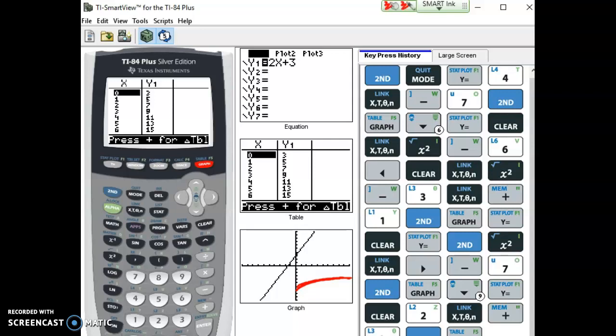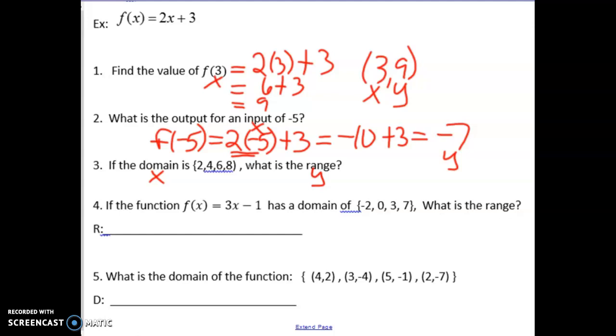So we want the 7, the 11, 15, and I didn't get the 8 because I didn't go far enough down. So let me go down a little bit, and you would do just like one more. And all my values are still in the same spot. So what is the range? We want to put this in official brackets and say that it's 7, 11, 15, and 19.